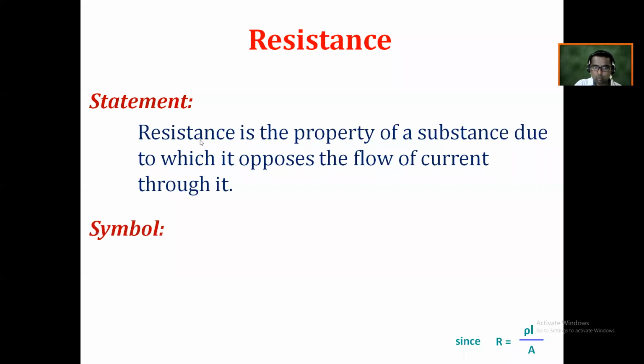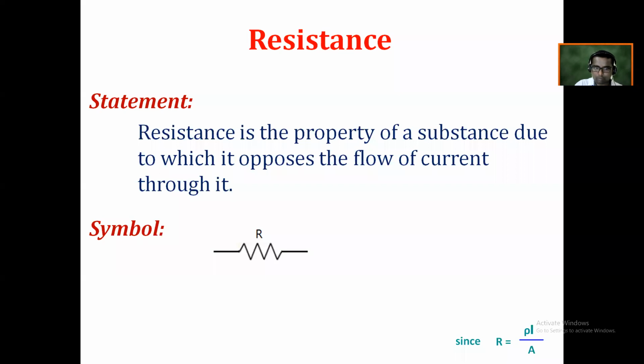Now, what is the symbol of resistance? This is a zigzag line. As I already said, resistance is an opposition. बरोबर आहे. मग हे zigzag line म्हणजे just like you can consider the speed breaker on the road. Why are the speed breakers over there? Speed breaker का तयार केलेले आहेत? Definitely it will oppose the speed of a vehicle.